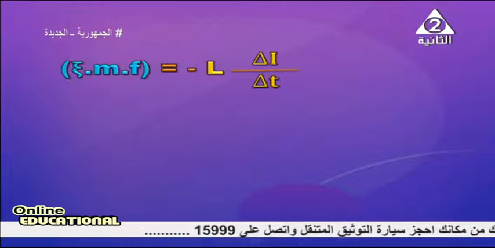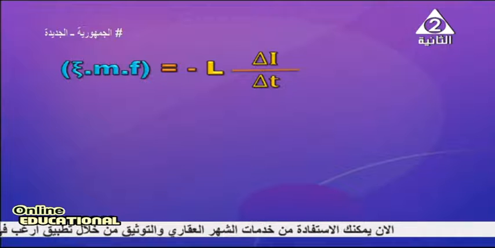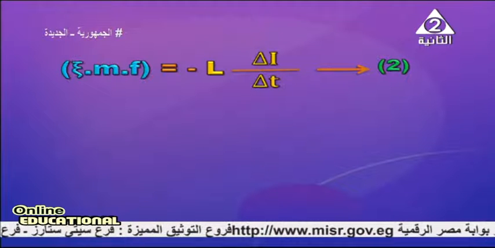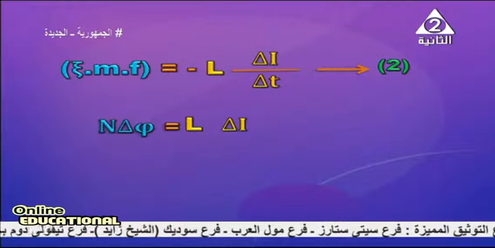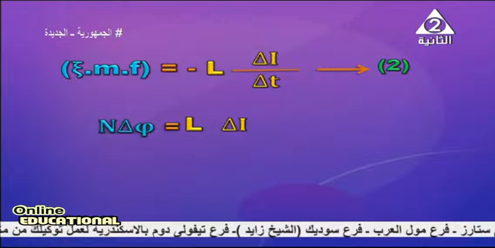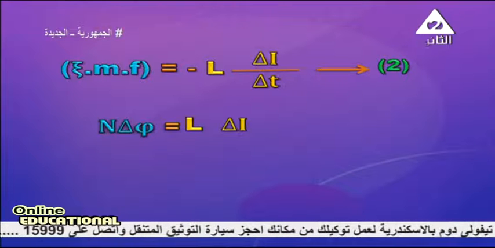We've got a constant denoted by capital L. So EMF equals L delta I over delta T, where EMF is the electromotive force induced in the coil, L is the inductance of the coil, and delta I over delta T is the rate of change of the current. This is equation number 2. From 1 and 2 we can say N delta phi equals L delta I. Of course delta T is crossed out.